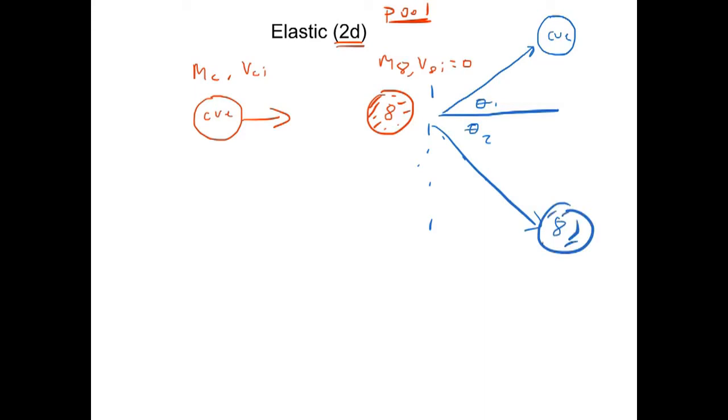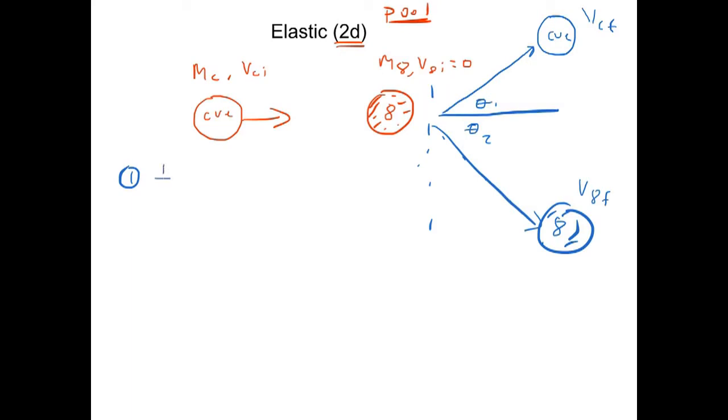So if we want to find the final velocity of the cue ball and the final velocity of the 8 ball, what we can do is use some of the ideas that we have. The first one is that the kinetic energy is going to be conserved. And remember, kinetic energy is a scalar.